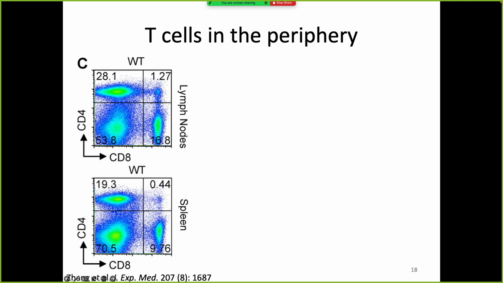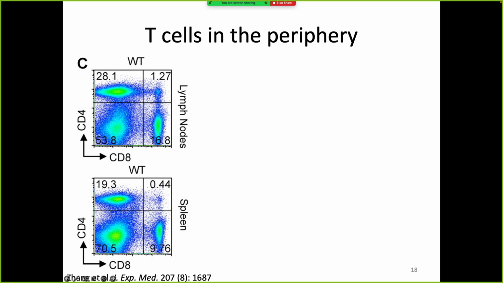Those are any other kind of leukocyte. They might even be a B cell. They're basically the not T cells that are in the spleen or the lymph node.